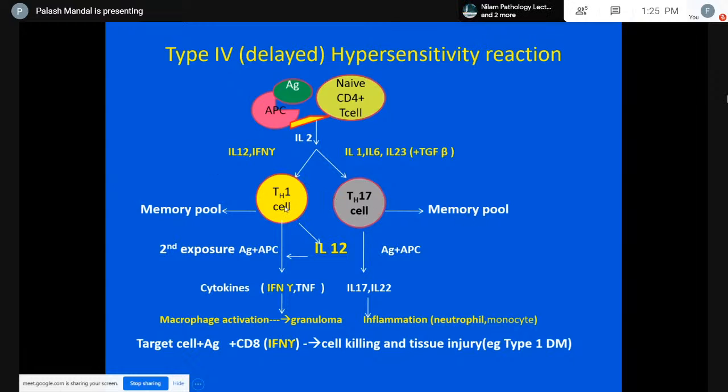Now the action, what happens? Whenever there is a second exposure, the first exposure, as you remember in type 1, does not lead to much action. It only leads to the formation of a memory pool, or that particular agent may be eliminated during that action.